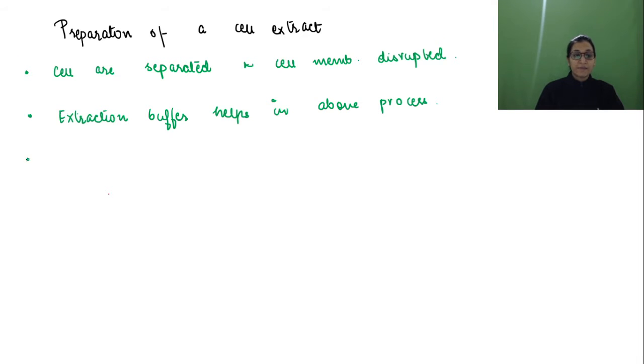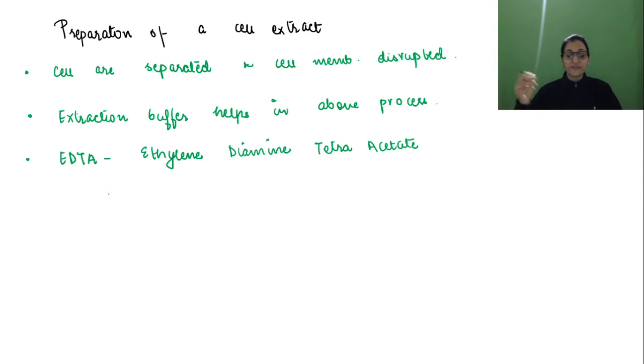After that, chemicals such as EDTA are needed. EDTA, what is its full form? It is ethylene diamine tetraacetate. This is needed because it removes the magnesium ions, which are essential for preserving the structure of the cell membrane.